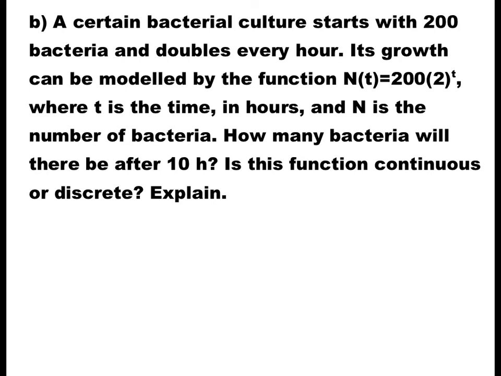The next question says that you have a certain bacteria which starts with 200 and doubles every hour. The equation which relates the number of bacteria and the time in hours is given by this formula. The first part of the question asks how many bacteria will be there after 10 hours.